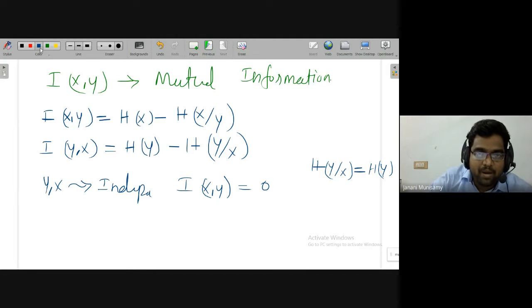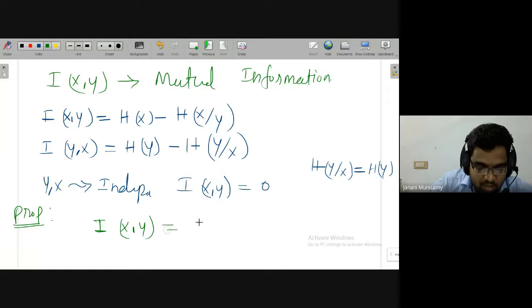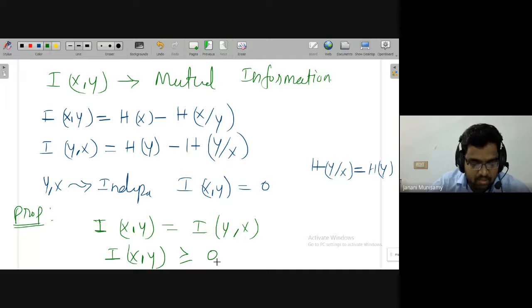Then there are some properties for the mutual information. I of x comma y is equal to I of y comma x. At any point of time, mutual information can never be negative. Mutual information is always greater than or equal to 0.